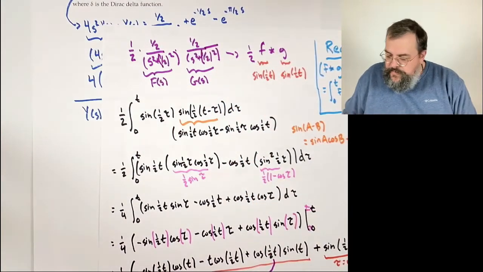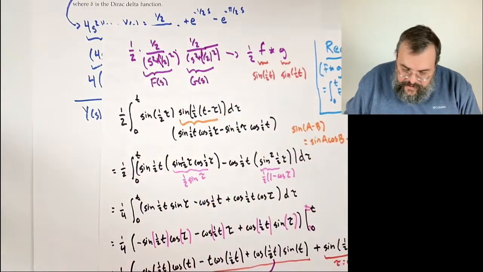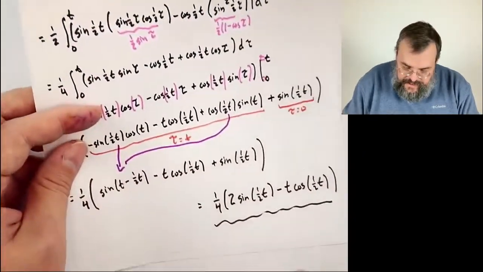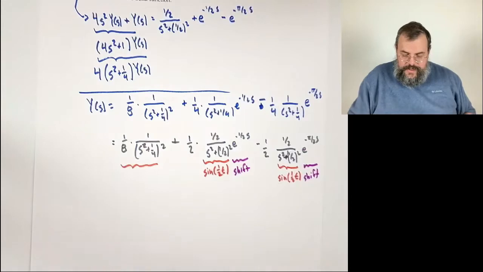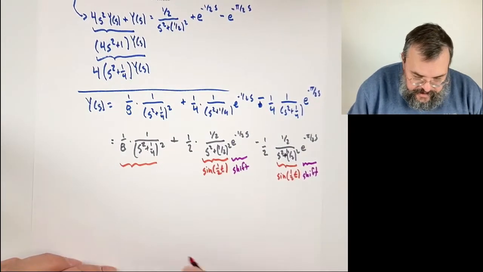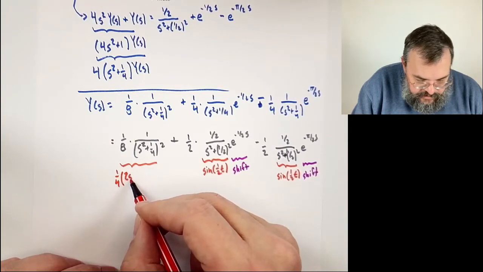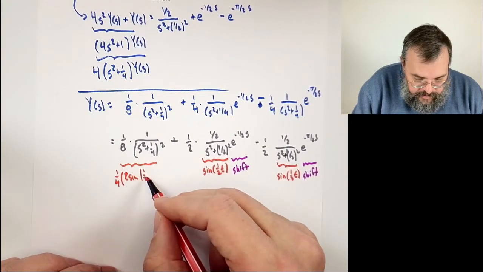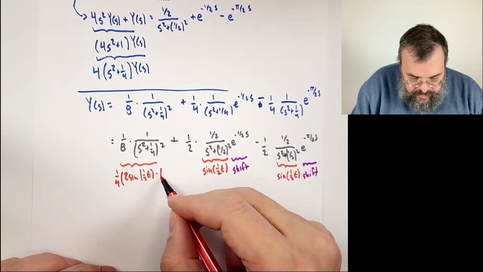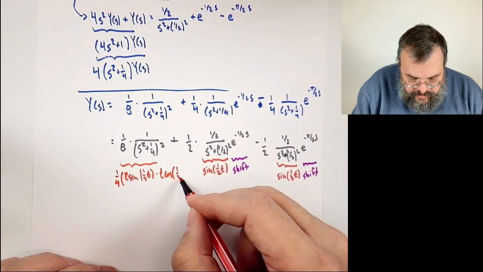Anyways, the point here is that turns out to be that value. So we're just going to copy that. So that's 1/4 times 2 sine 1/2 t minus t cosine 1/2 t.